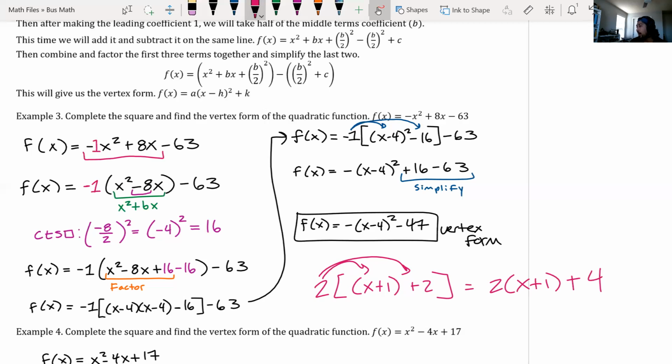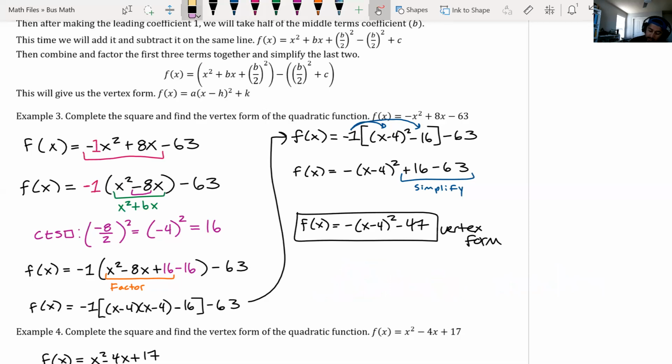I use brackets for neatness. This could be parentheses if it wanted to be. Either way, you multiply that 2. And if there's no power here other than 1, you can distribute that 2 in there. But if this is x plus 1 squared or cubed or to whatever power, like to the 5th, you cannot multiply that 2 in there.